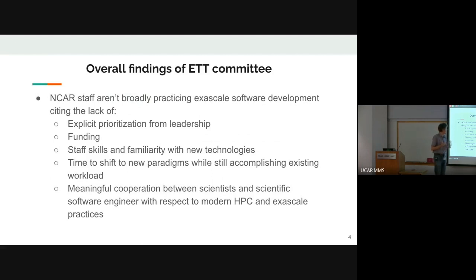And really a time to shift to new paradigms while still accomplishing their existing workload. We heard these things over and over, and also meaningful cooperation or collaboration between scientists and software engineers with respect to modern HPC and practices.